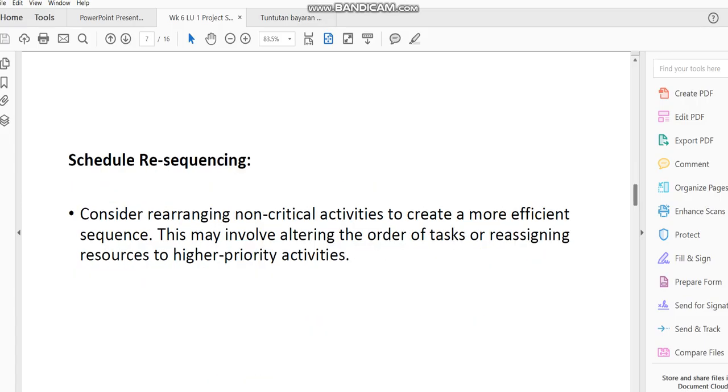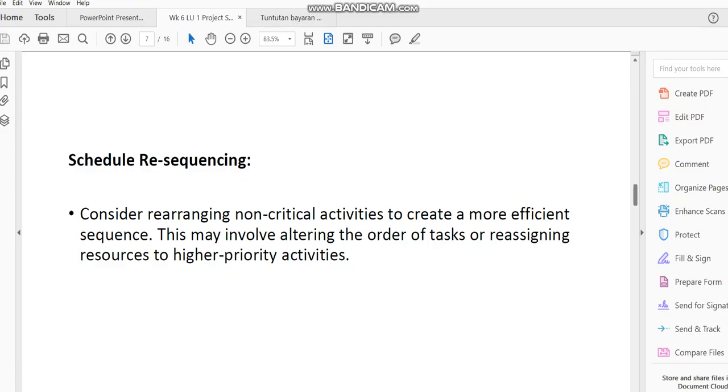Okay, and then in some circumstances, we may have to resequence activities, especially for delays that are claimable and non-critical activities. Claimable is not written here, but try to remember: claimable usually means that you'll be compensated with a bit more time. It means that you have to apply for extension of time, and that is one of the reasons you can get extension of time.